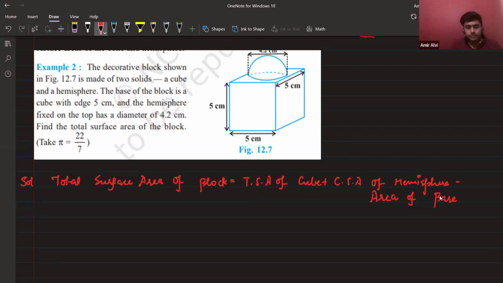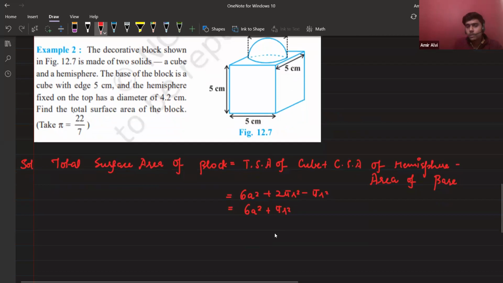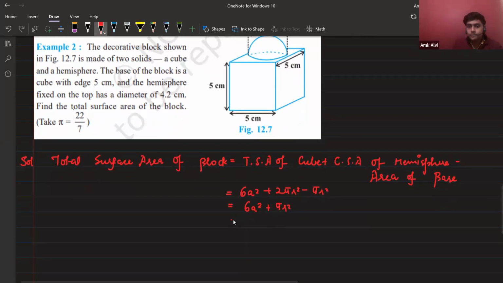Clear? Yes, sir. That equals 6a square plus 2 pi r square minus pi r square. Subtracting 2 pi r square and pi r square gives 6a square plus pi r square. Is this point clear to you?